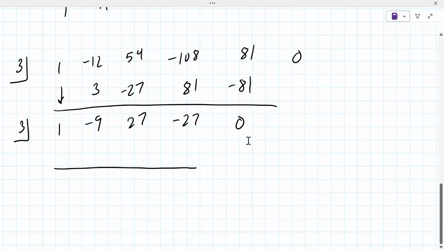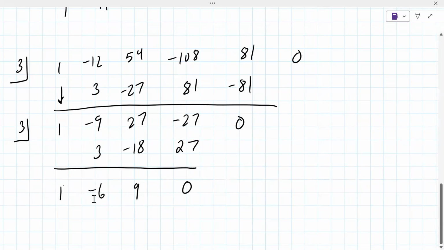You got 3, -18, 27, and 0, and 1, -6, 9, and 0 on the bottom. Okay, so it worked. Yes. Good. So 3 worked twice.